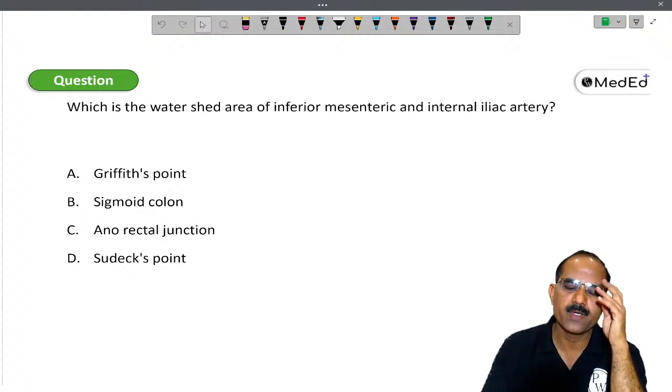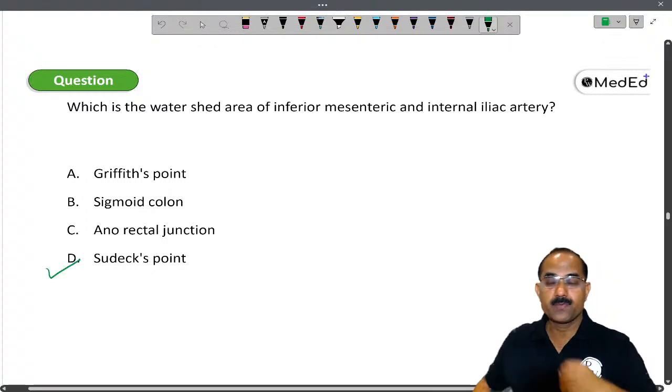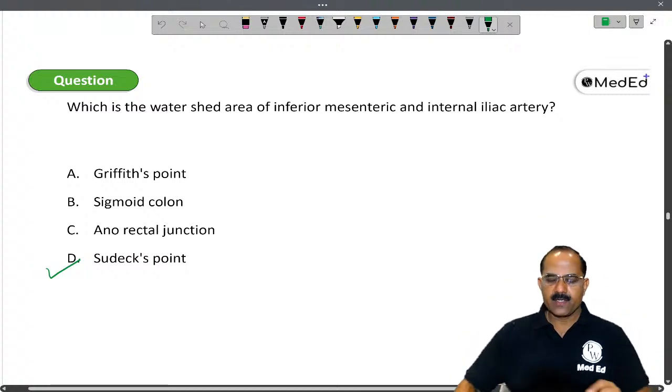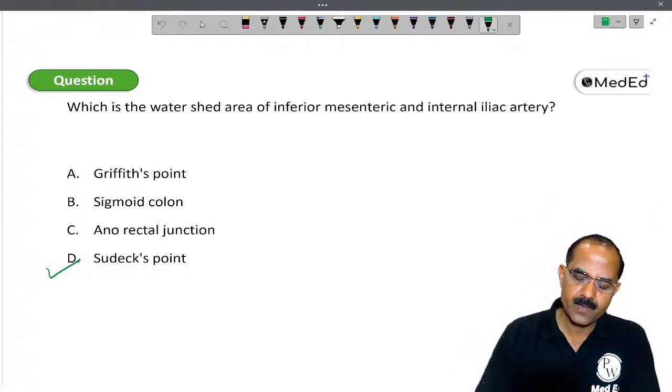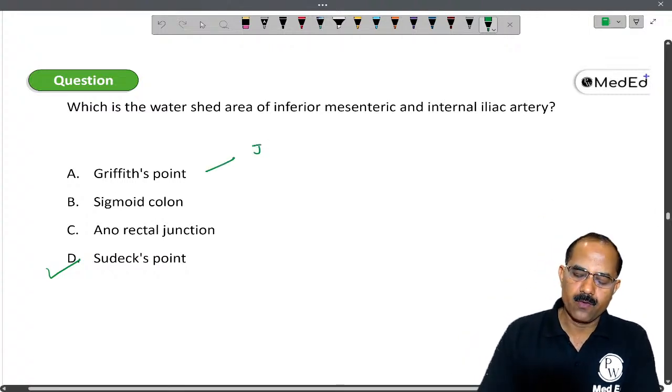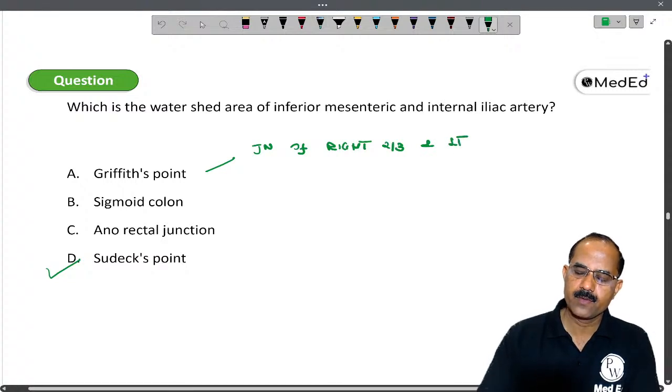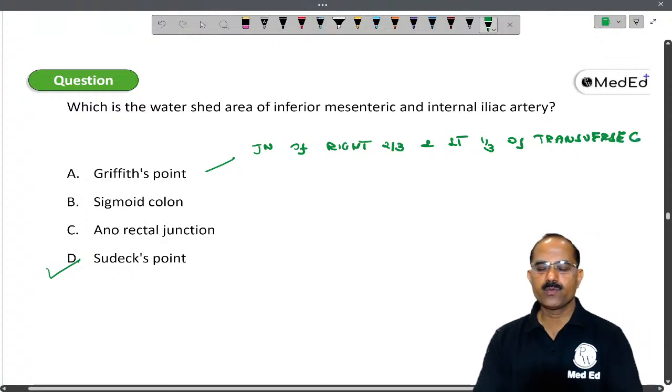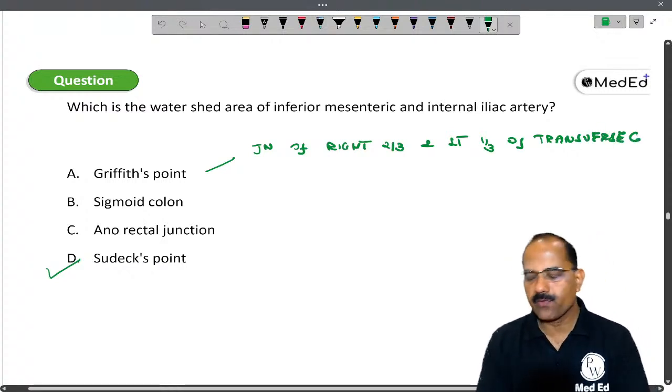Answer is Sudek's point. Where is Griffith's point? Griffith's point is the junction of right 2/3 and left 1/3 of the transverse colon.